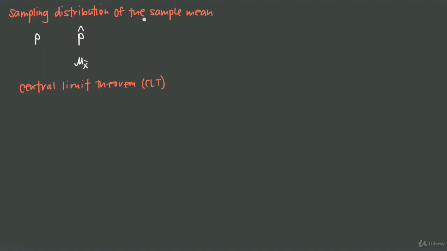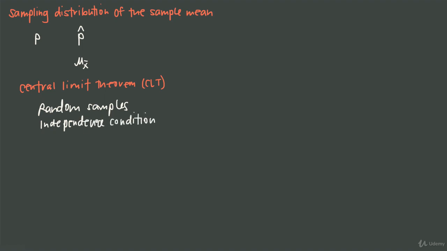In order to be a normal distribution, though, we have to meet a few conditions, just like we did when we were finding the sampling distribution of the sample proportion. So the first one is that we have to have random samples when we're choosing samples out of the population. The second one is that we have to meet the independence condition, or the 10% rule.